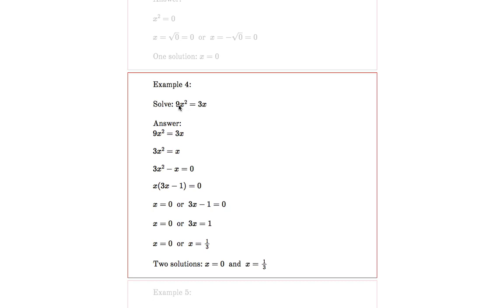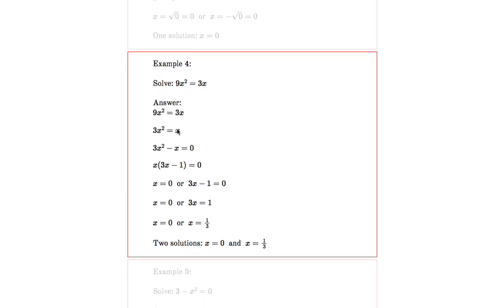Let's look at what happens if the linear term is on the right hand side. Then first we divide by 3 because on both sides we have a factor 3. So here we get 9 divided by 3 is 3x squared, and 3x becomes x. Then we move this x to the other side. So here it's on the other side.